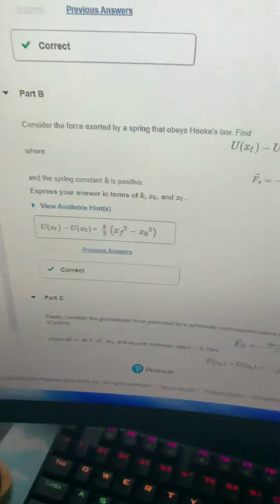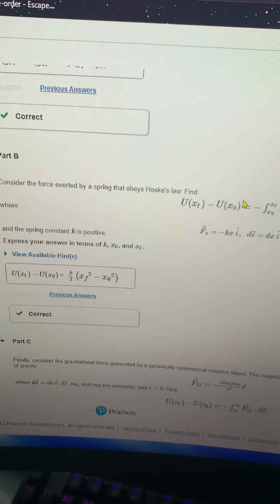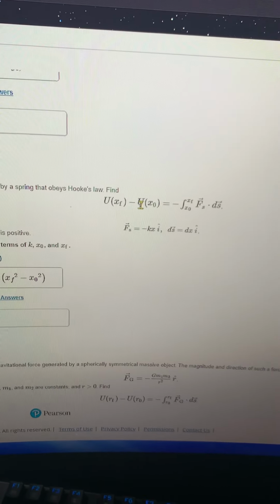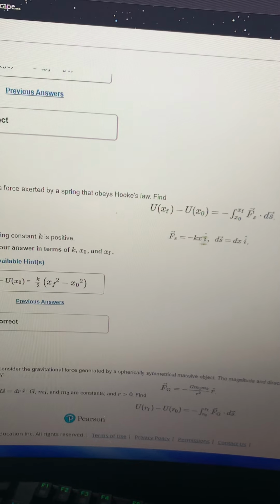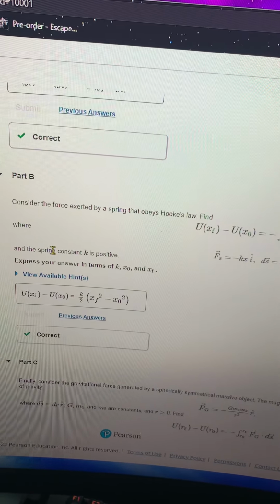Now, part B is asking: consider the forces exerted by a spring that obeys Hooke's law. Find this equation, where F(s) is minus kx and the spring constant k is positive.